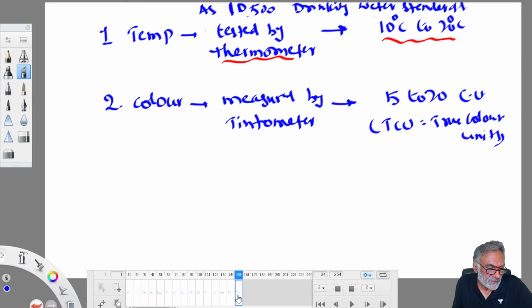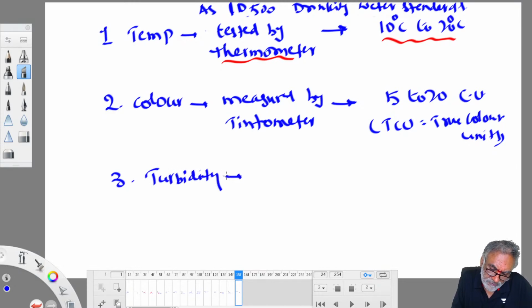Unit of color is TCU. Okay. Third one is turbidity, measured by turbidimeter.